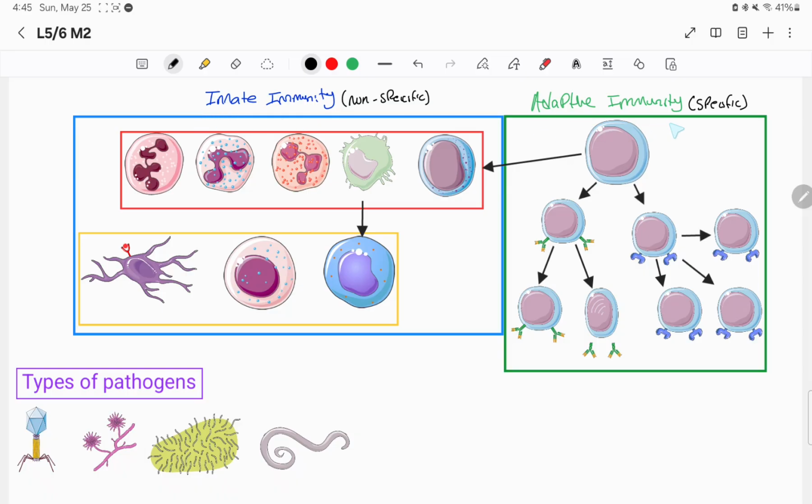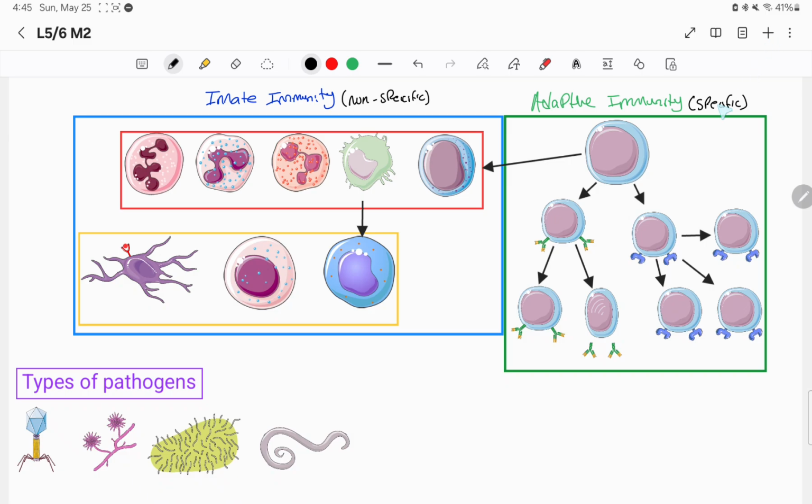But the adaptive immune system, not really. The adaptive immune system will recognize that pathogen that it has encountered before because it is very adaptive, okay? And it has memory, and we'll talk about how it actually has that.